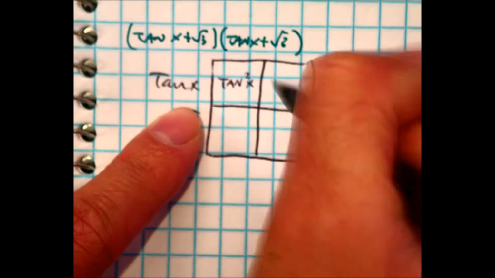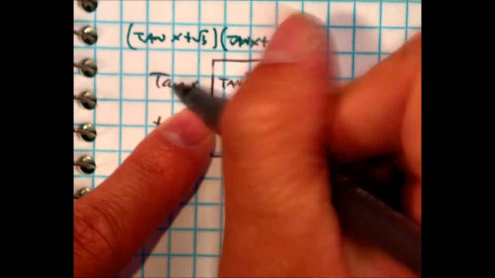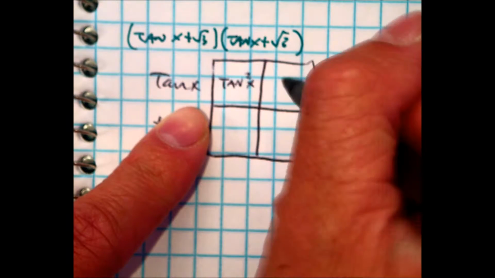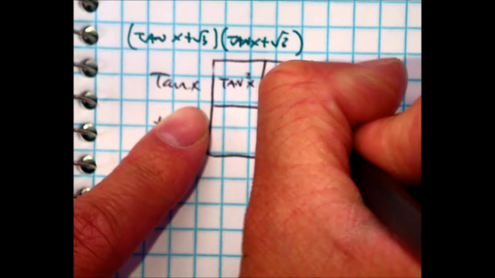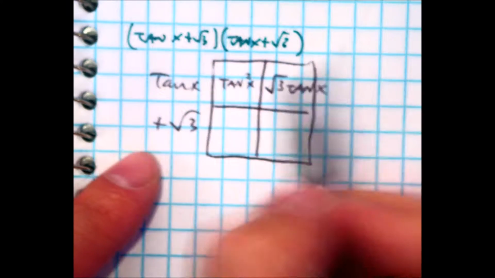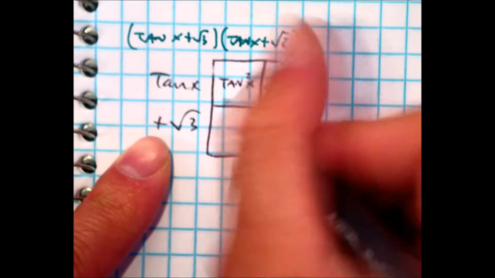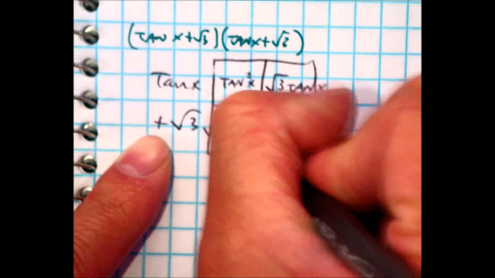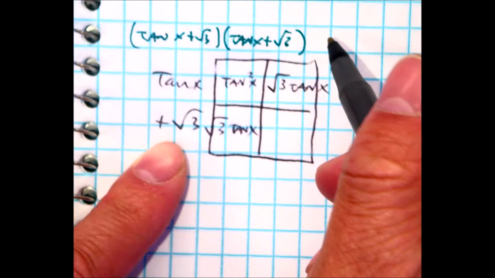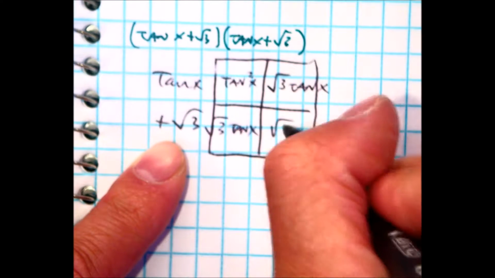Tangent squared x. Remember, just think of it as without the trig function, right? Tangent x times radical 3, radical 3 tangent x. Tangent times radical 3, radical 3 tangent x. And radical 3 times radical 3 is? Radical 9, which is 3.